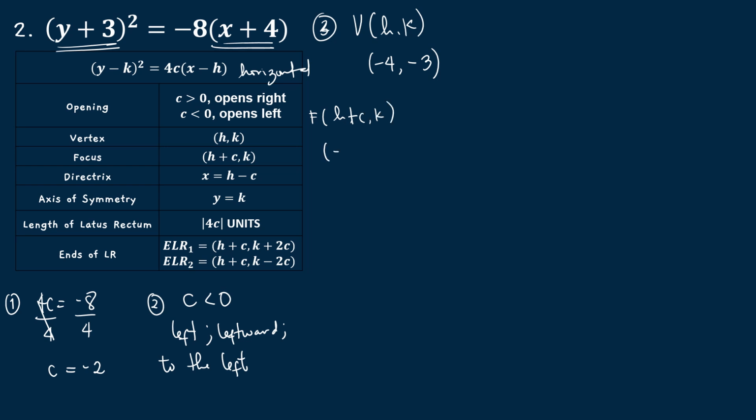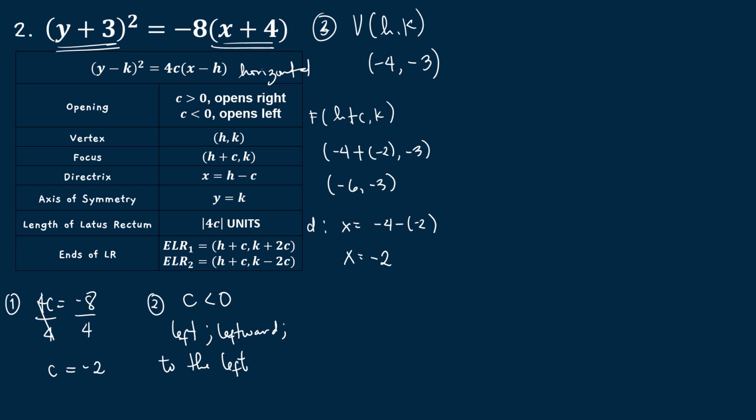So that would be negative 4 plus negative 2, comma, negative 3. So that would be negative 6, comma, negative 3. For the directrix, it would be x is equal to negative 4 minus negative 2. So that becomes addition. So x is equal to negative 4 plus 2, or negative 2.